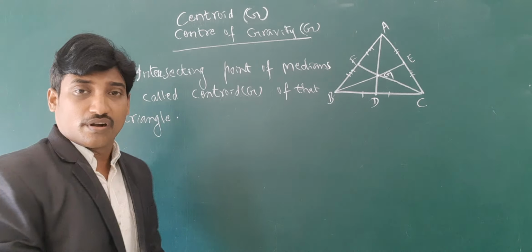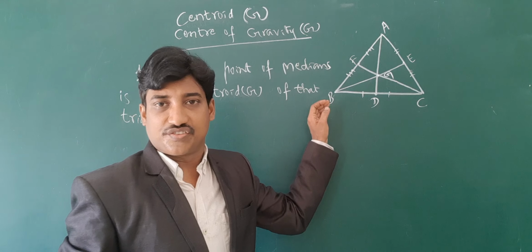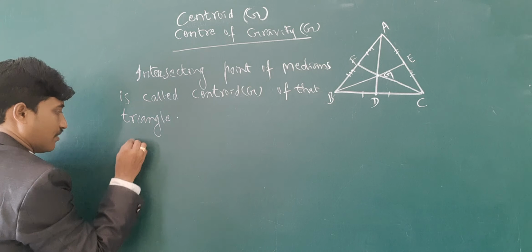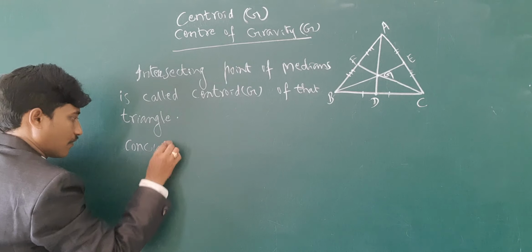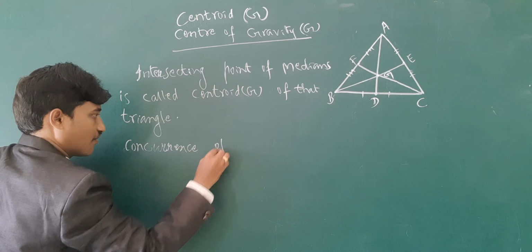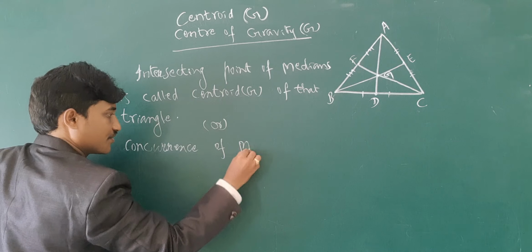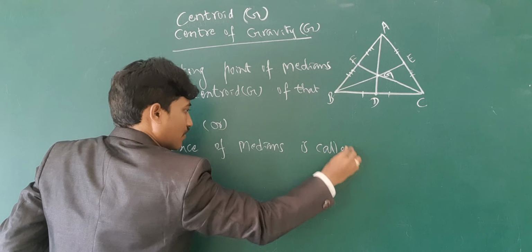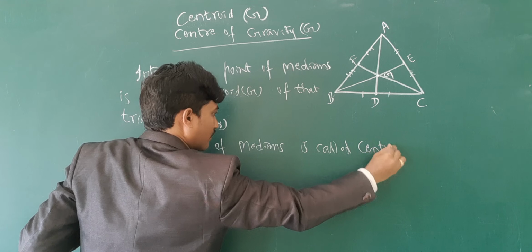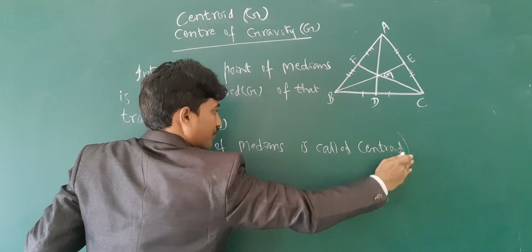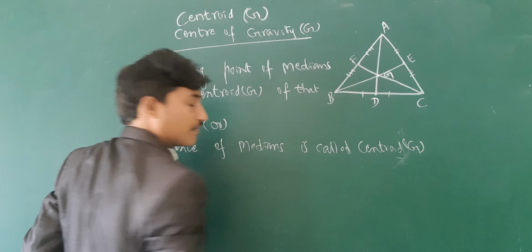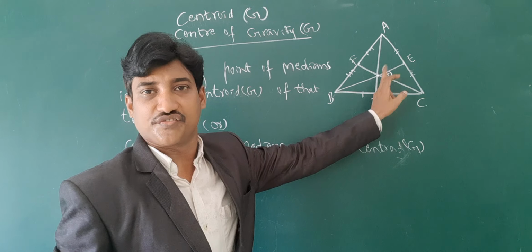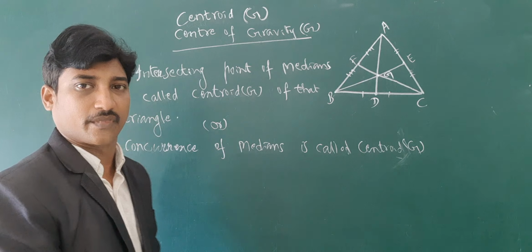On the other hand, we can say the concurrence of medians is called the centroid. That point of concurrence is the centroid G.